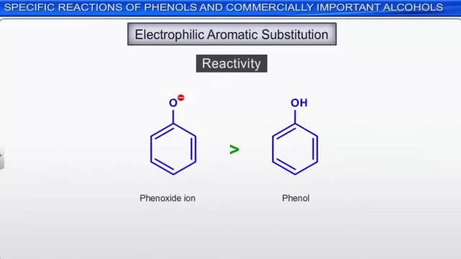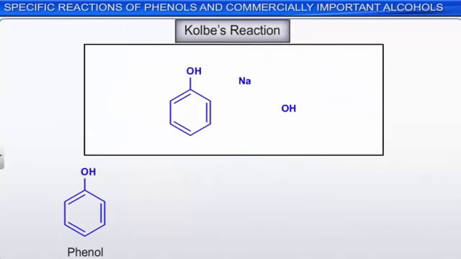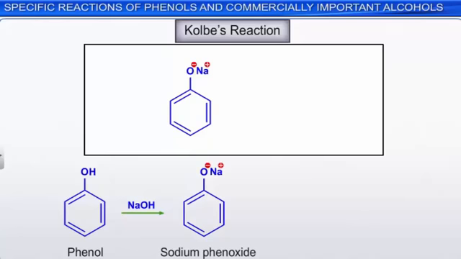Phenoxide ions are even more reactive than phenol towards electrophilic aromatic substitution. Several important reactions of phenols make use of this enhanced reactivity. In the Kolbe-Schmitt reaction, sodium phenoxide is prepared and then subsequently heated with carbon dioxide under pressure.